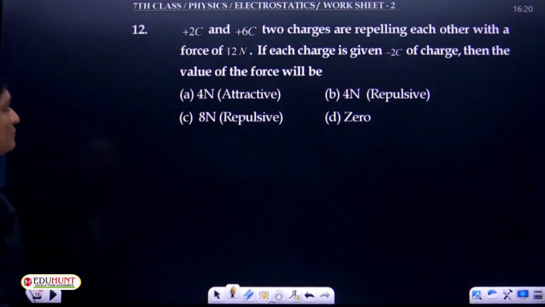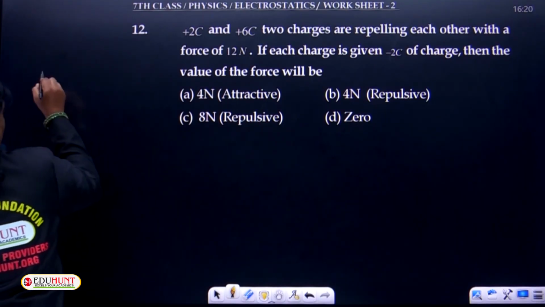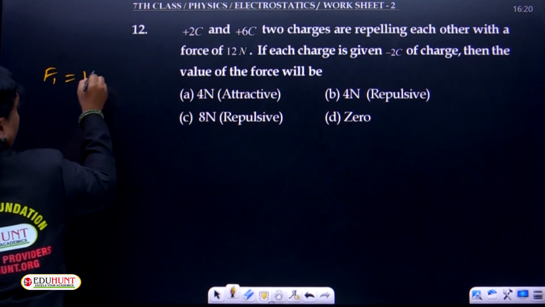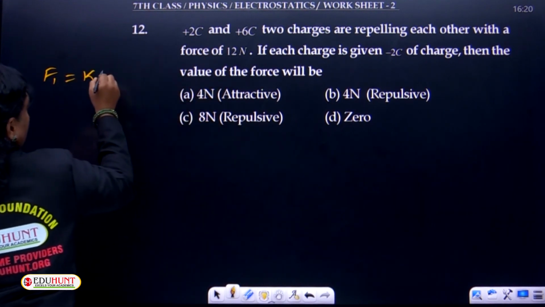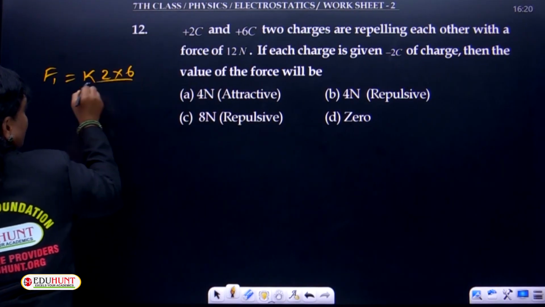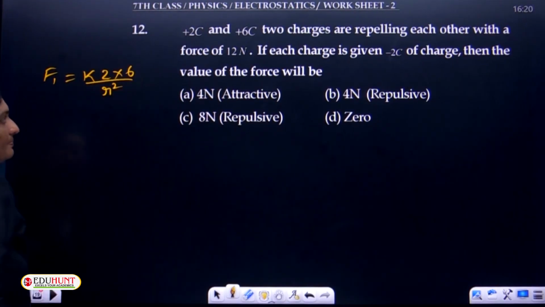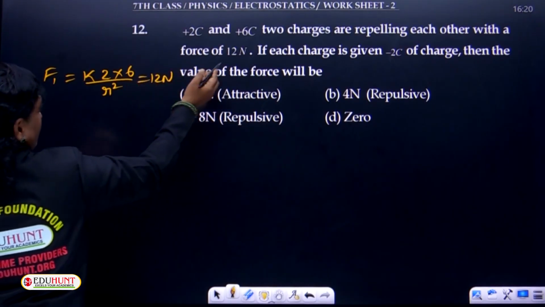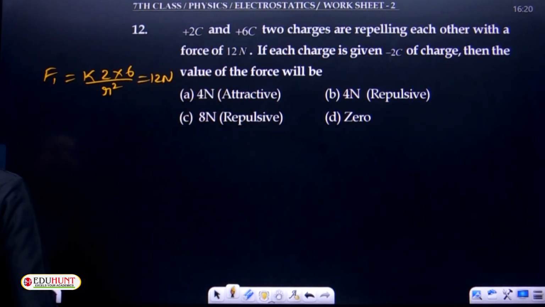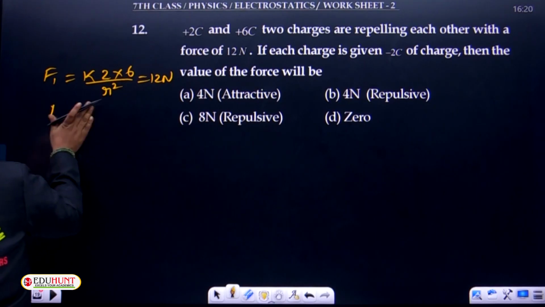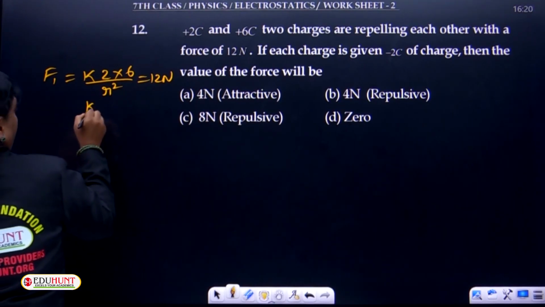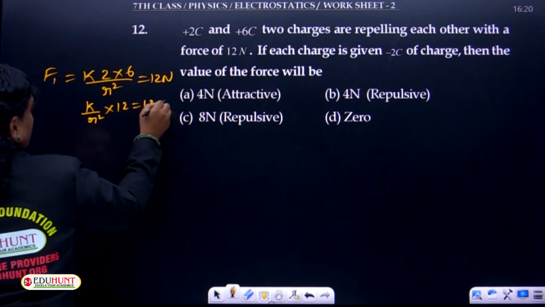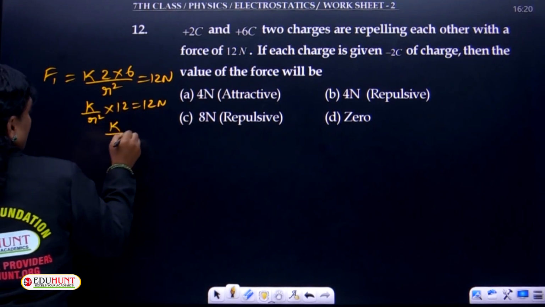First of all, let us try to find out the initial force acting between them. The initial force is equal to K times Q1 Q2, Q1 Q2 is 2 into 6, by some distance square. And this value itself, they gave it as 12 Newton. So from this, K by R square into 12 equals 12 Newton, or K by R square is equal to 1.